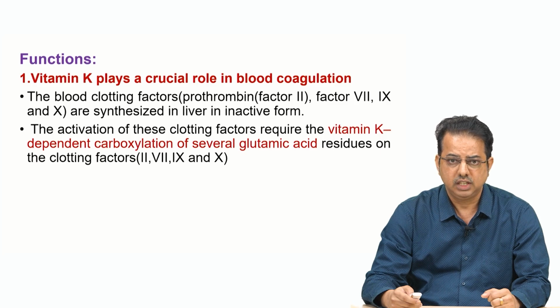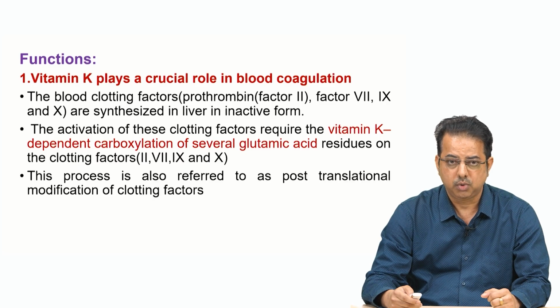The activation of these clotting factors requires vitamin K dependent carboxylation of several glutamic acid residues on the clotting factors. Since these proteins are synthesized first, followed by modification, we refer to this process as post-translational modification of clotting factors.